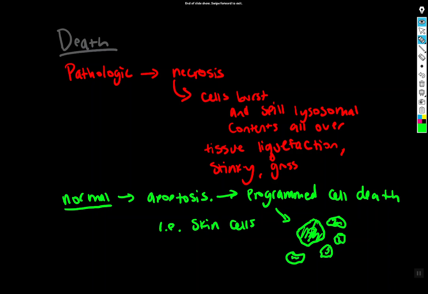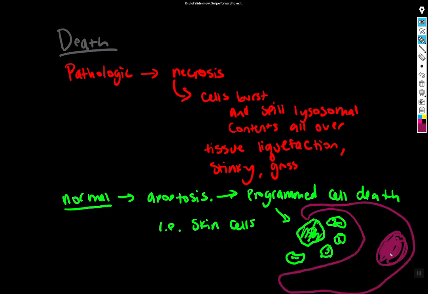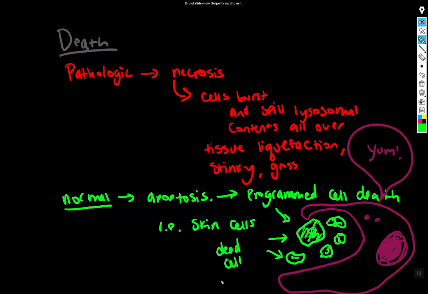And then another bigger cell, like a macrophage, can come and eat this up and dispose of it properly. And these are dead cell bits, but they're safe because they're not spilling all over the extracellular fluid.